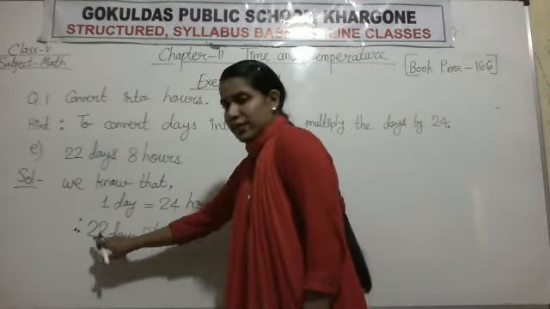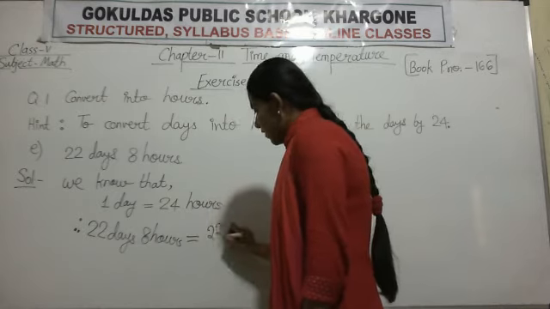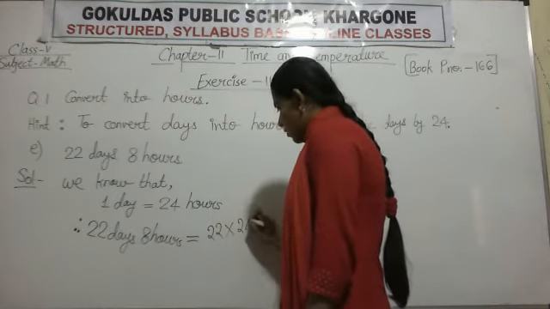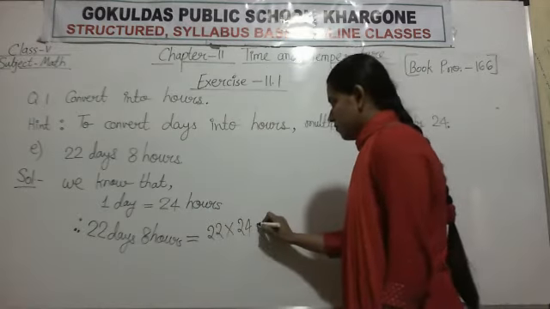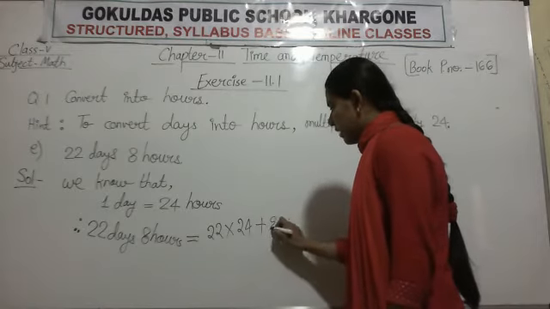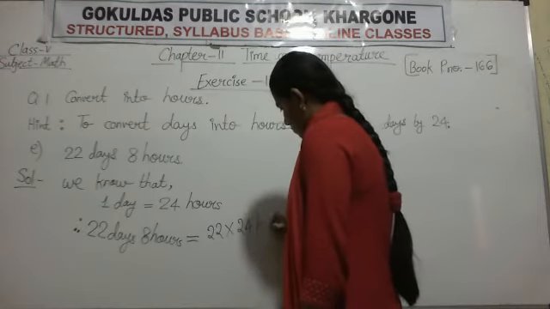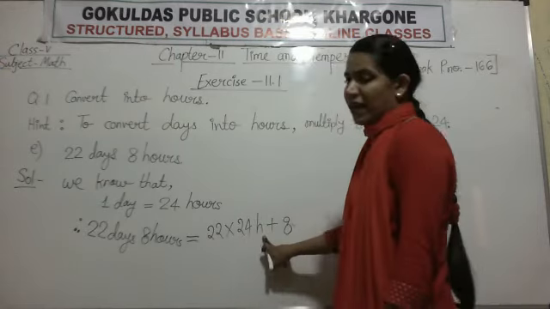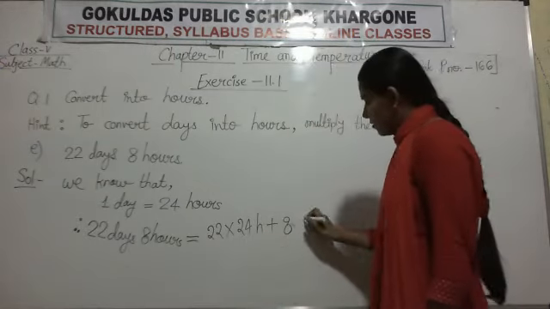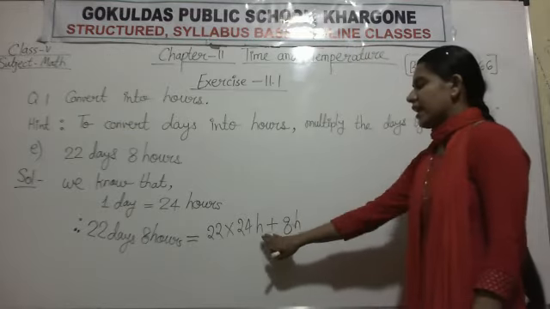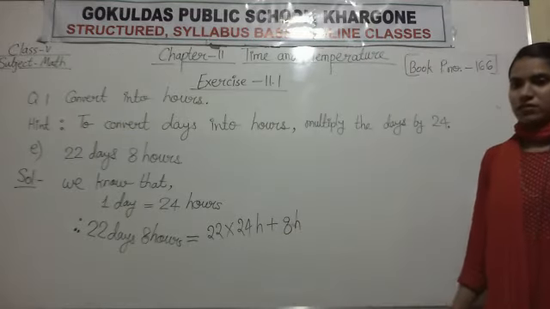So 22 is days, so we will multiply 22 with 24 plus 8 hours. I am denoting by H, okay? H here means hours.